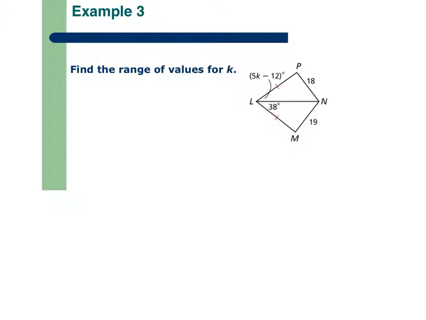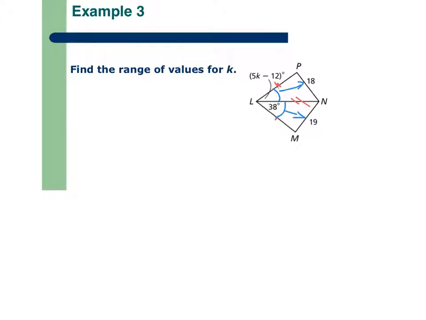So PL and LM, good, they've got the congruency marks. And then what's the other one? So PL and LM, and we've got one more side that we've got to show. And the reflexive. Okay, so now we're going to compare this angle to this one, and we're going to look out at the sides.